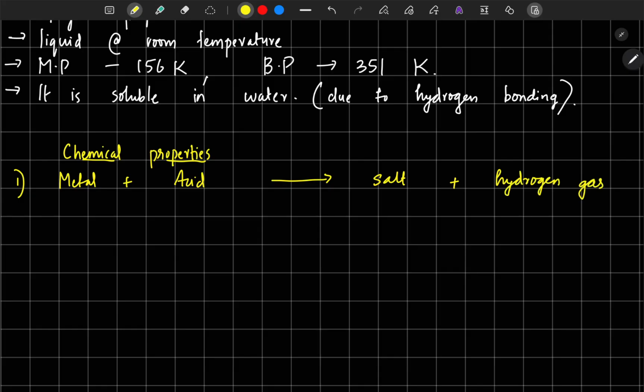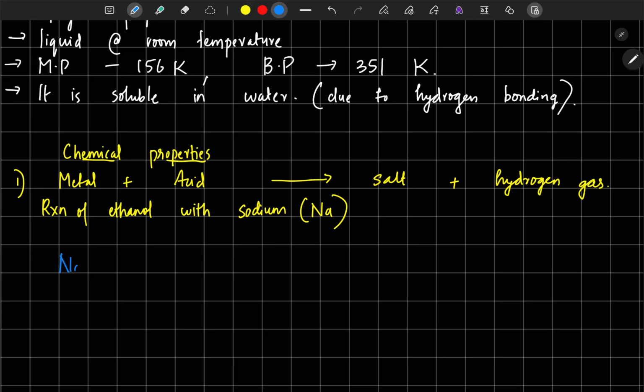A similar equation is going to happen here. So our first reaction is the reaction of ethanol with sodium. What is the symbol for sodium? Sodium is Na.